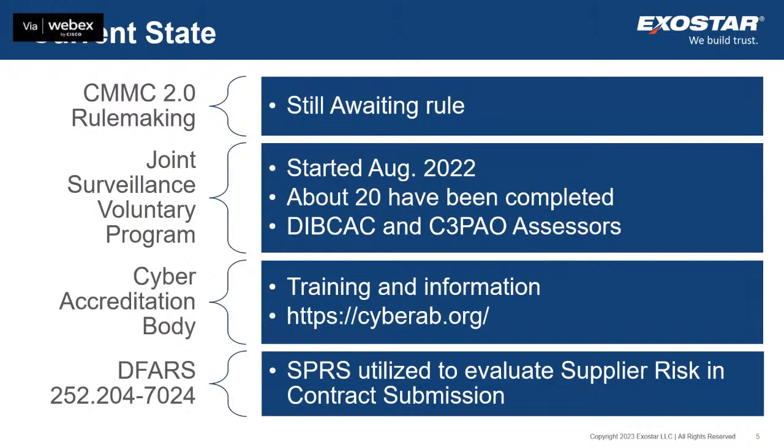When that takes place, it will then come out of the OMB in a couple different states. That's caused some confusion, and I'll get to that in just a minute, about when it will actually take effect. But in the background, a joint surveillance voluntary program has been started.